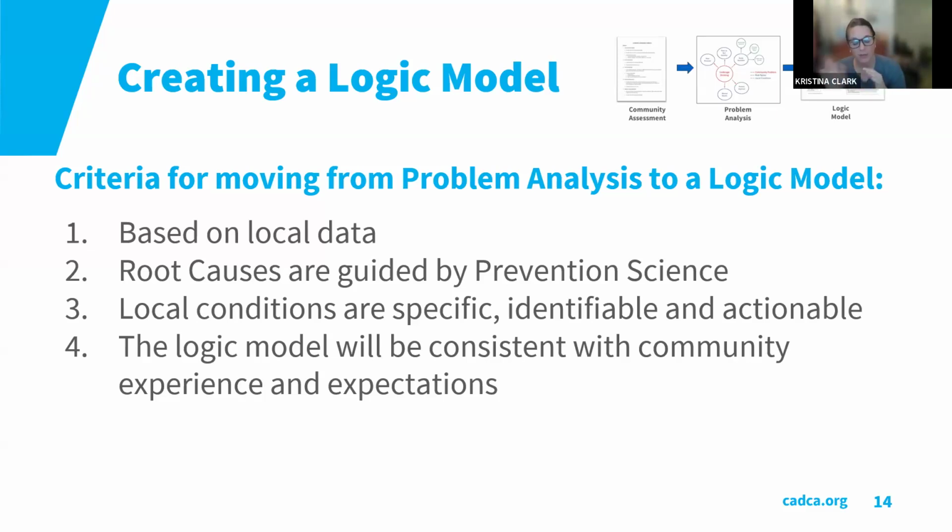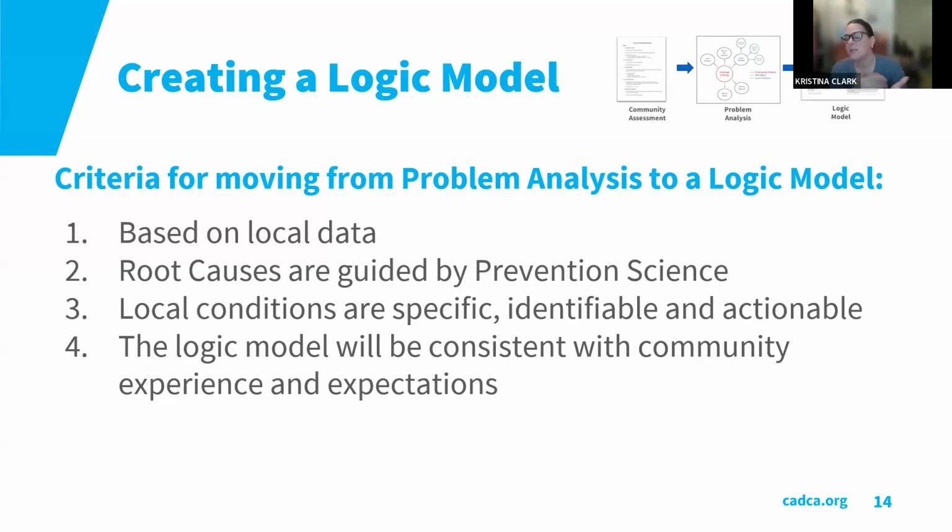They started going around that site, seeing what was happening. We were able to figure out it really was going on, have some data points for it. So then we could build a plan around how we were going to better enforce and see what was happening around that site. So you will find holes. It's normal no matter how advanced of a coalition you are. One of the things we want to check for as we're moving from problem analysis to logic model is that our root causes are based in prevention science.